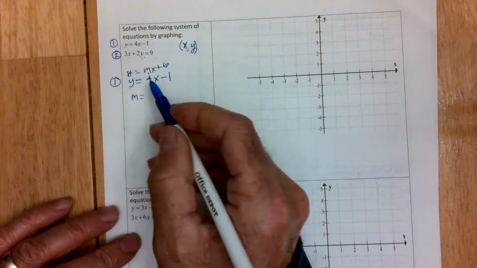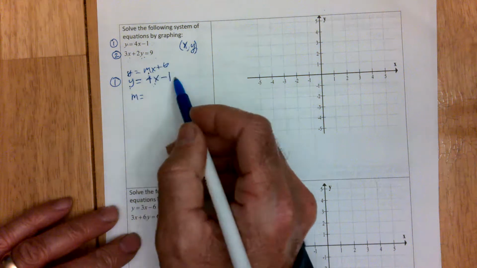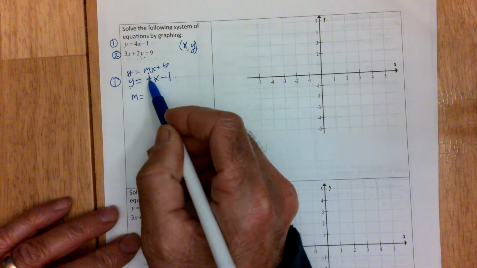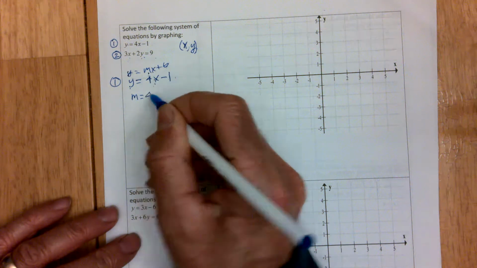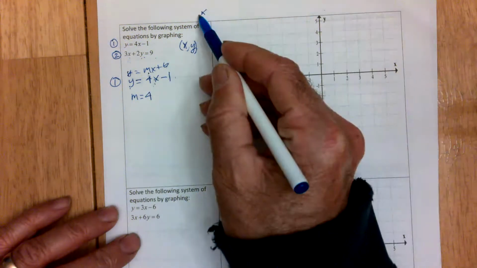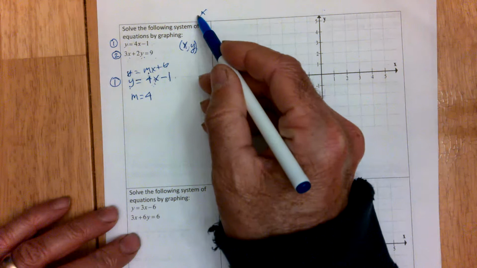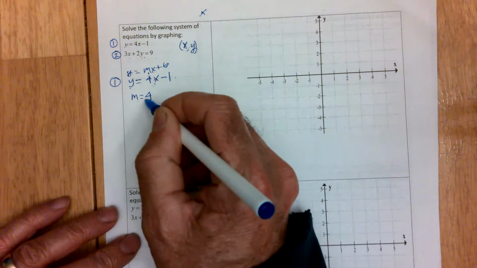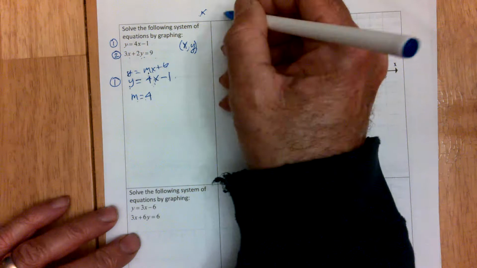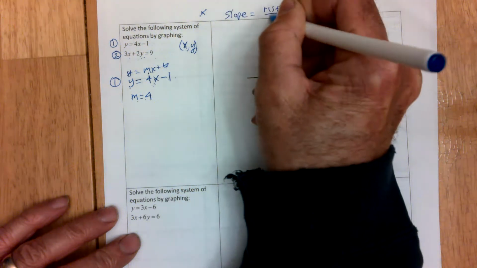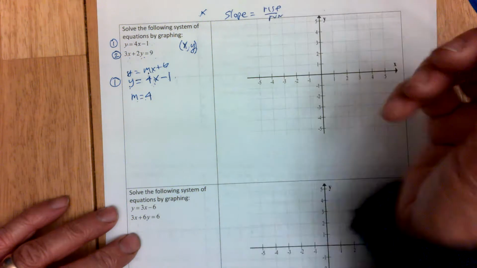So we want to first identify the slope. Find x. The number in front of it is 4. If it was just plain old x, then the number in front is 1, right? There's an invisible 1. So in this case, the slope is 4. Now the slope is rise over run.